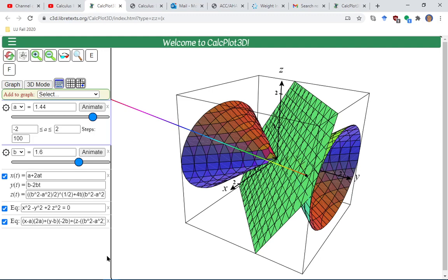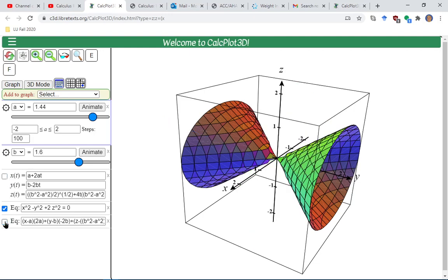We have looked at several examples of this before, but here let's take a look at it again. That equation, x squared minus y squared plus 2z squared equal to 0, gives us this cone.